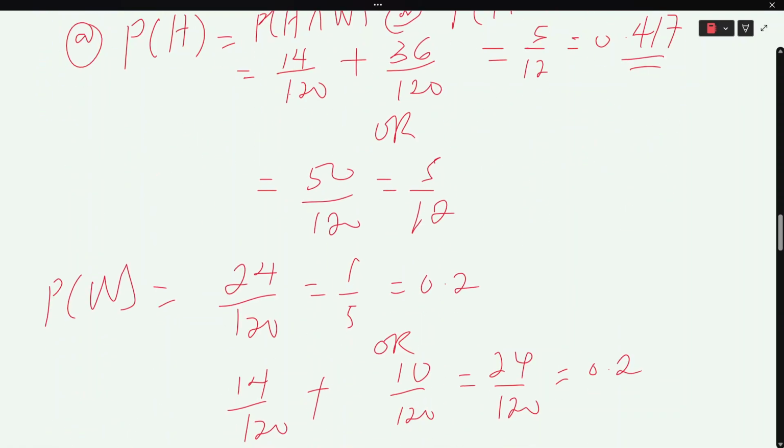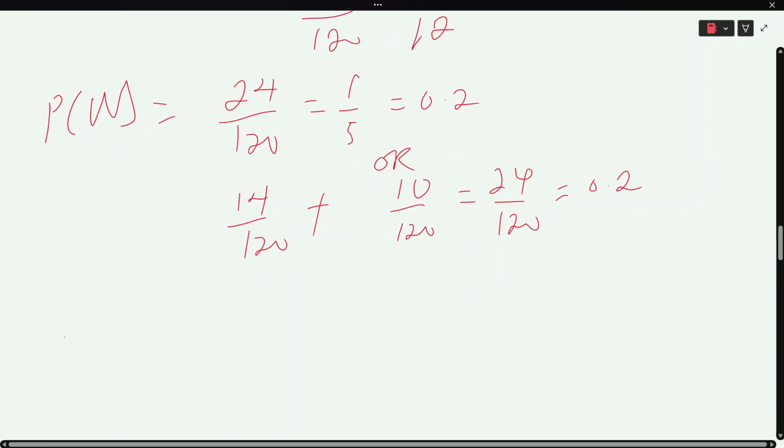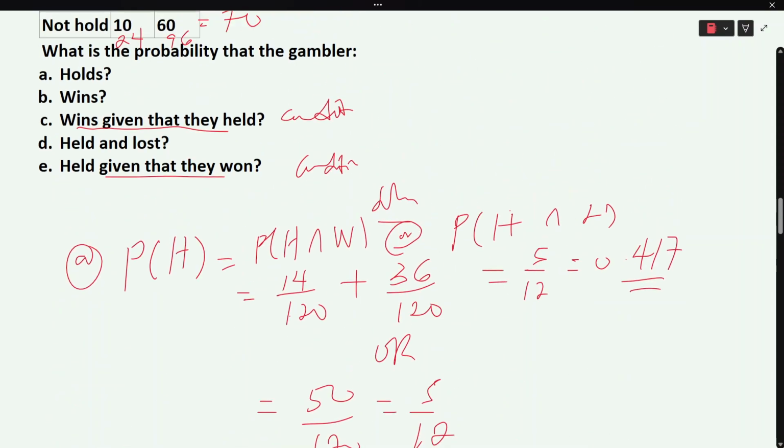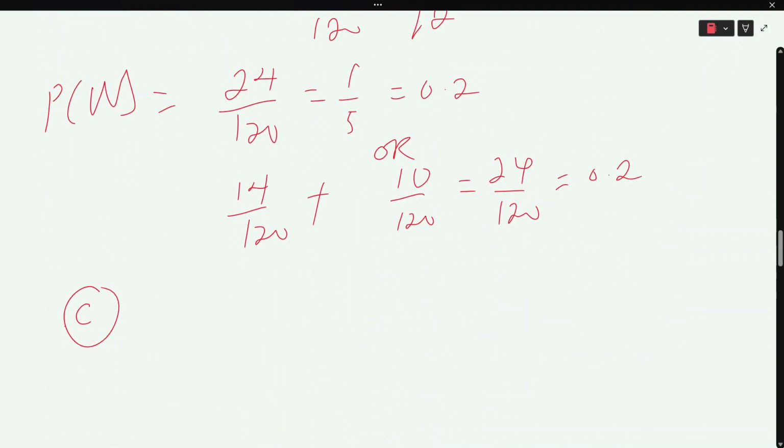Let's come to the C. We have to find the probability that the gambler wins, given that they held.